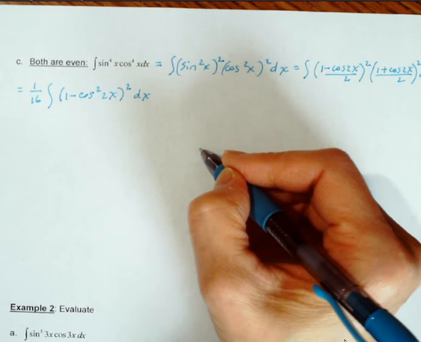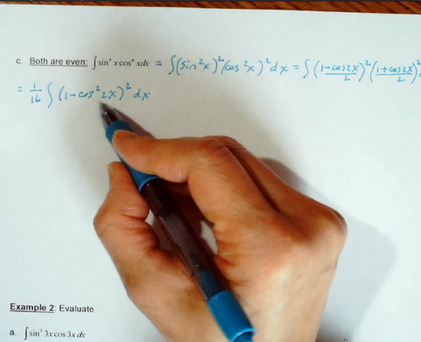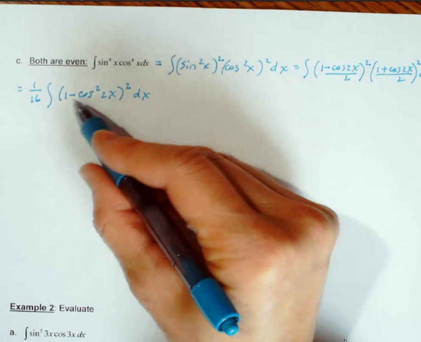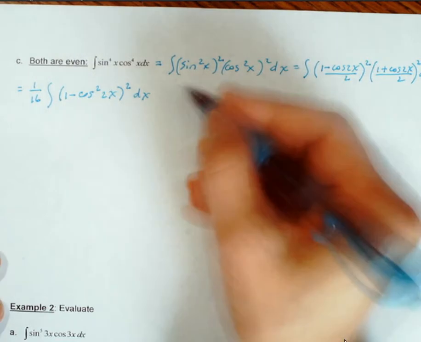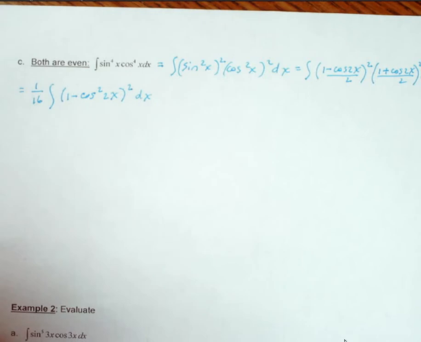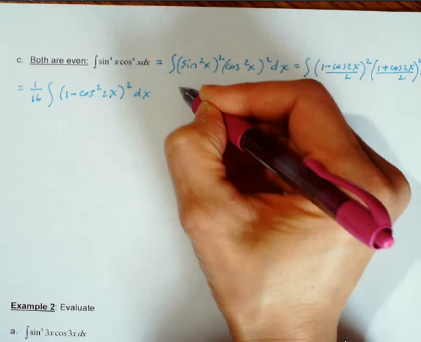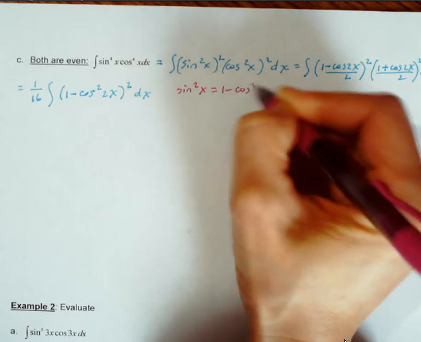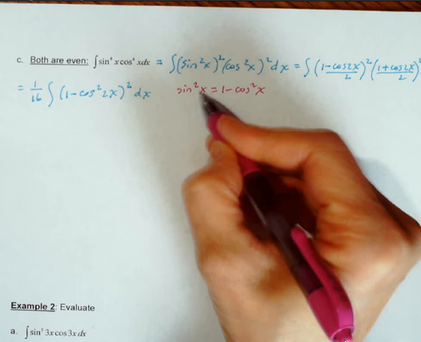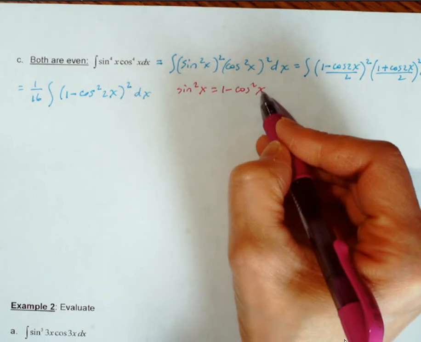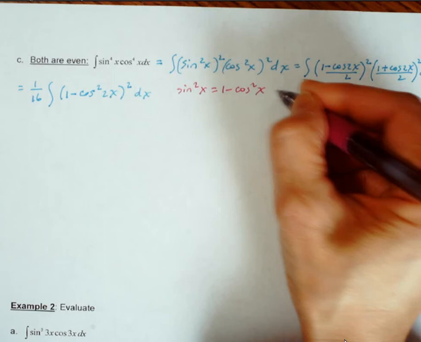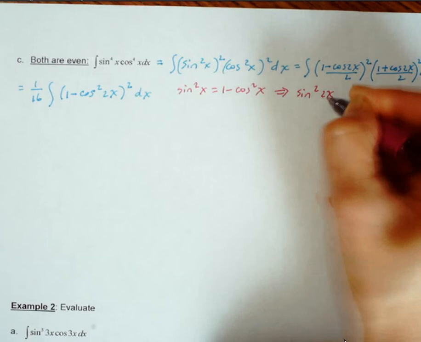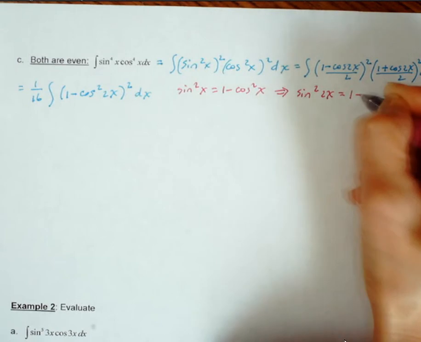Next, I can use the Pythagorean identity. Let me show you that conversion. If I have sine squared x equal to 1 minus cosine squared x, then I can put a 2x here and a 2x here, and that'll be equivalent. That's the same thing as writing sine squared 2x equals 1 minus cosine squared 2x.